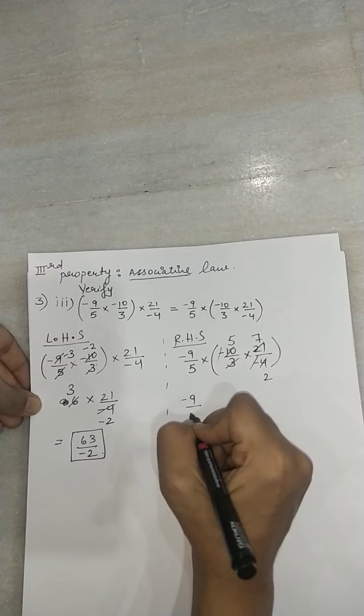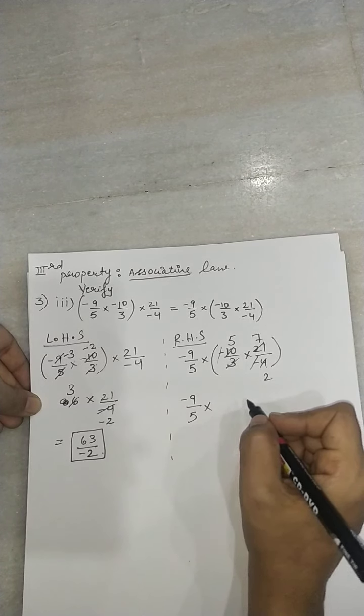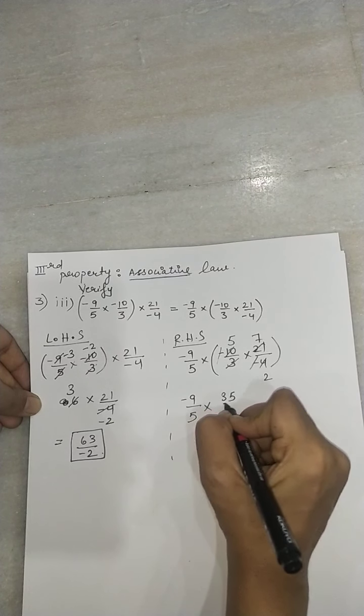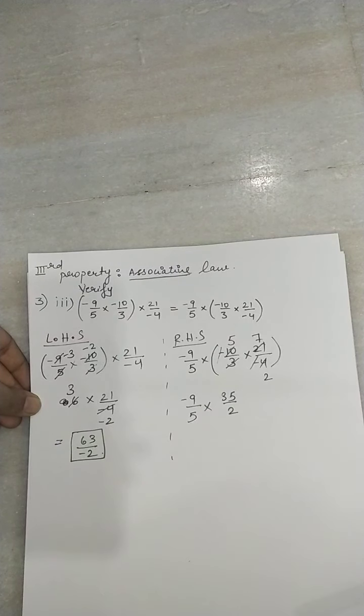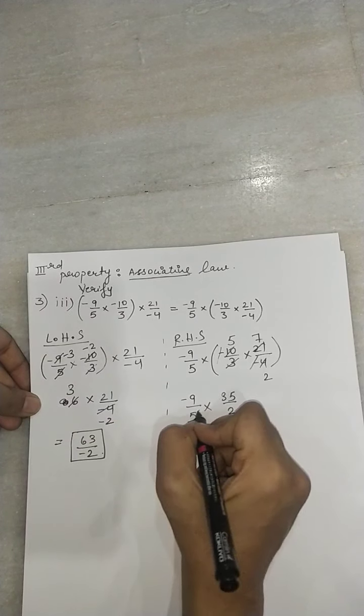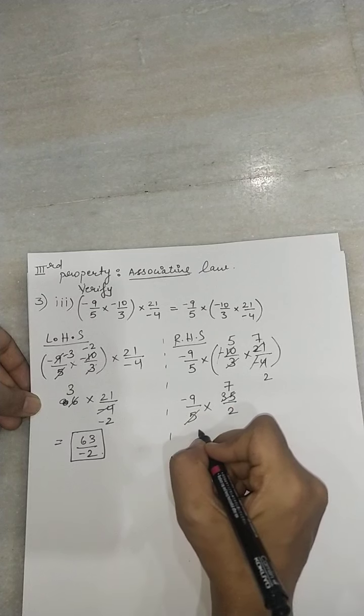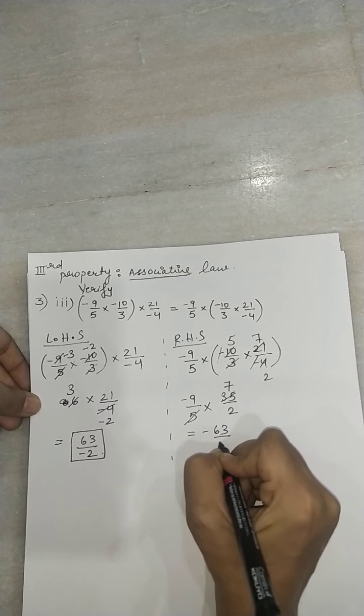Now I'll open the bracket, into what is left out over here. 7 5s are 35 upon 2. Yes students. 5 into 7, so that is minus 63 upon 2.